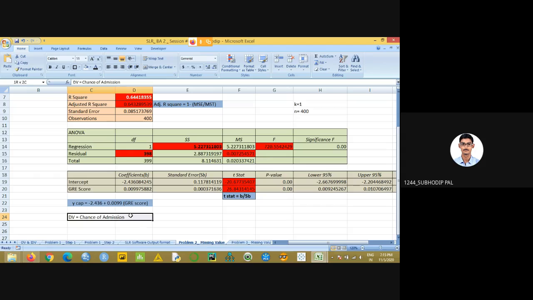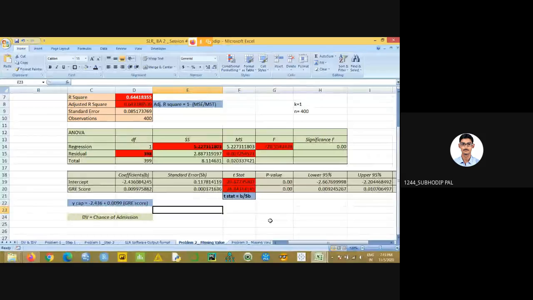Yeah, that is fine. That is what you have to know before you start the regression process. I'm talking about after you find the regression equation, what will be the interpretation of this equation? The dependent variable here is chances of admission. So y cap is equal to chances of admission is equal to minus 2.436 plus 0.099 into GRE score.